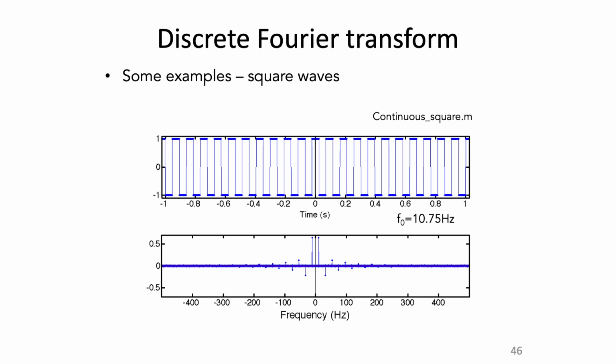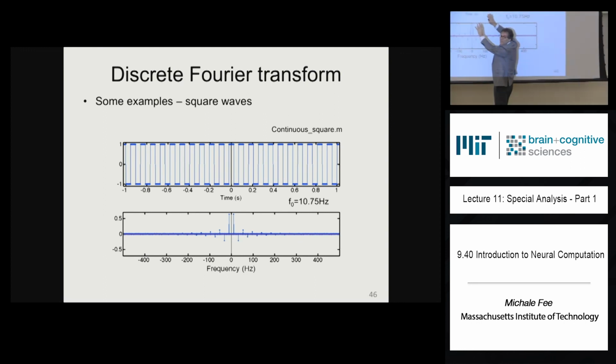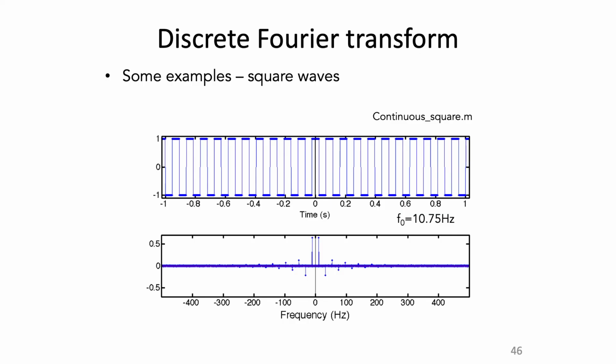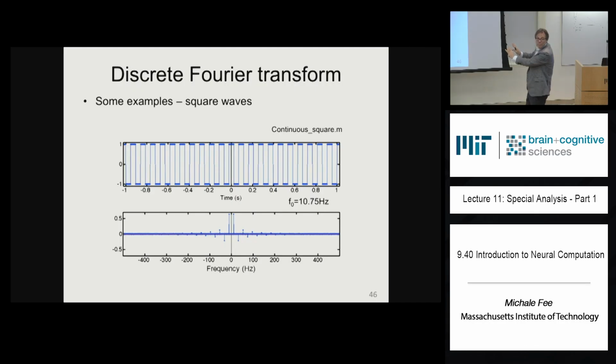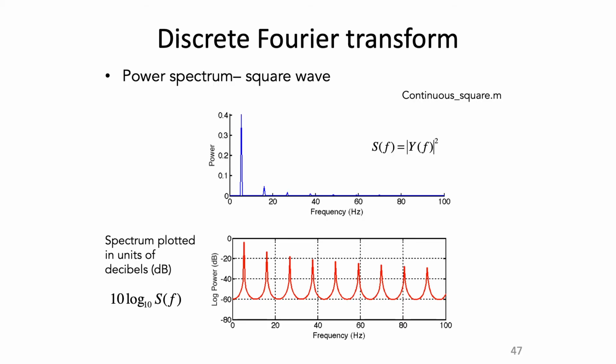So higher frequencies in the time domain, stuff happening faster in the time domain, is associated with things moving out to higher frequencies in the frequency domain. You can see that the same function, at higher frequencies, has the same Fourier transform, but with the components spread out to higher frequencies. Okay? And the power spectrum looks like this.